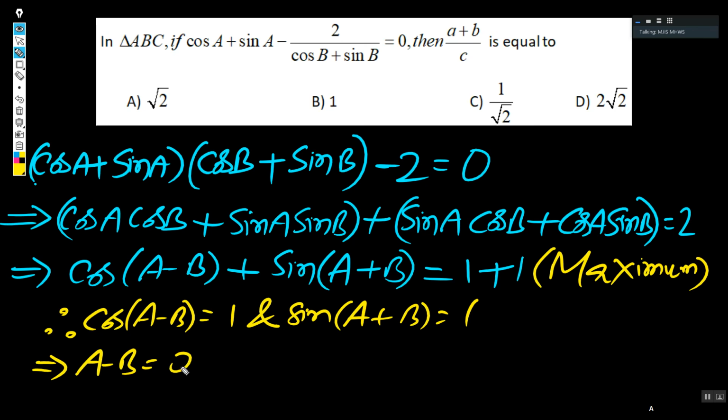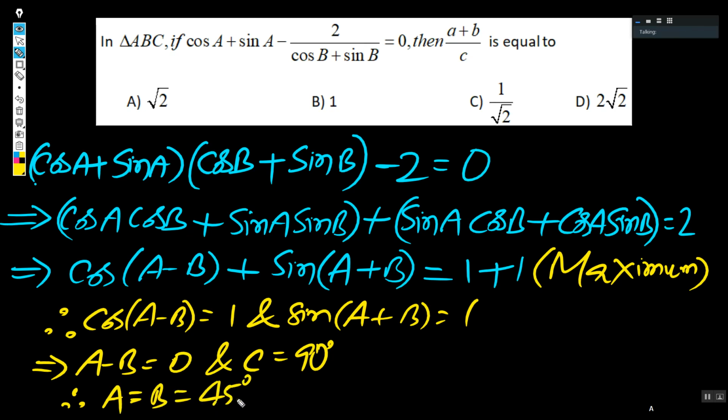Cos 0 is 1. Sine of A plus B is sine C. So angle C is 90. Therefore, A is equal to B is equal to 45 degrees and C is equal to 90 degrees. That's it, it is done.